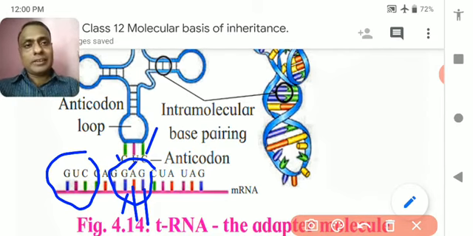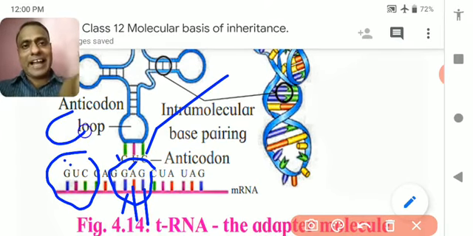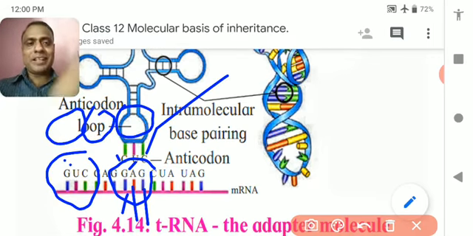So the tRNA reads the code, and according to the code they carry the amino acids, and all the amino acids are arranged in a manner. Just I want to show you a simple video which will make you understand the working procedure of tRNA.